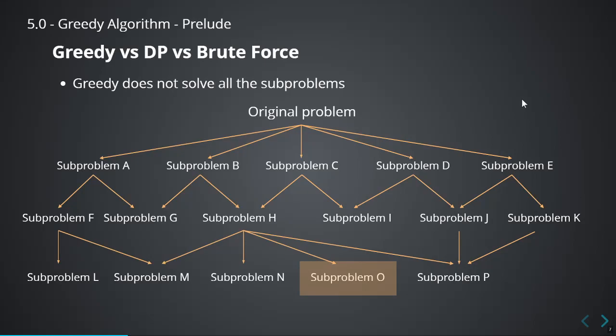Doing dynamic programming, you still have to go through all of them again, in a smarter way, sure, but you have to go through a lot of subproblems to get to O. With greedy, you just magically know, oh, if I go from the top to the subproblem C, I will go to H, I will go to O, and bang, I have my optimal solution. I keep saying magically, yeah, right, but it's so fast. I know which way to go, and I can prove that I'm on the right path.